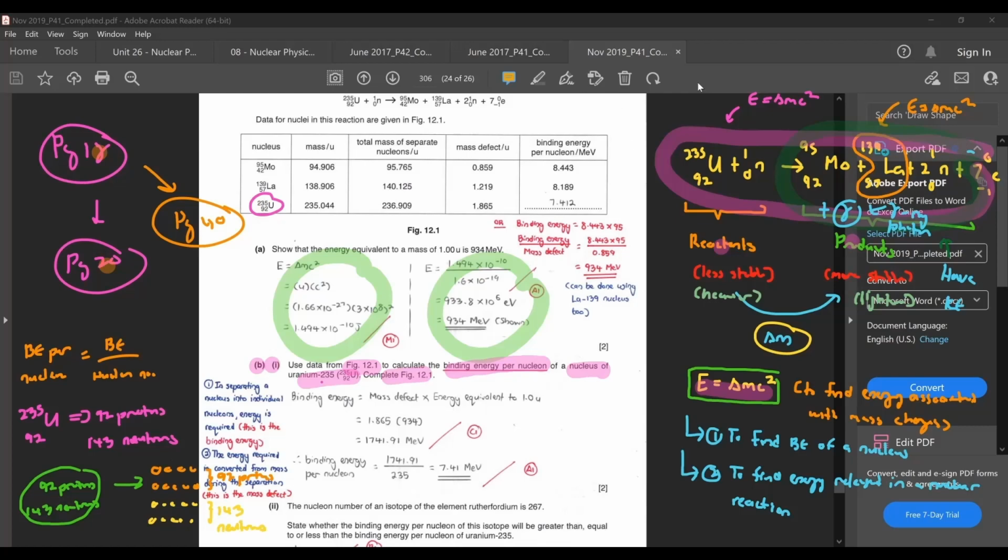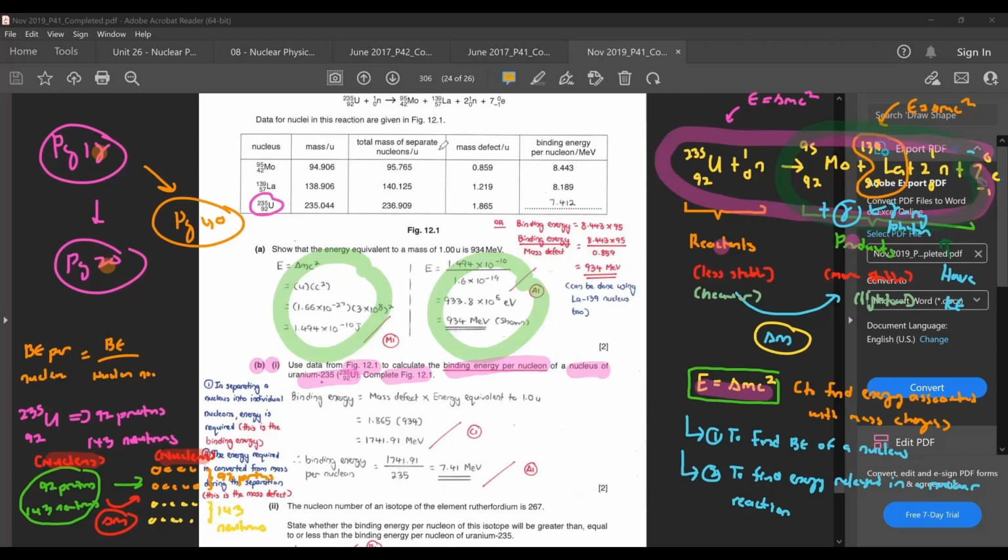So this is going from your nucleus to your nucleons. Here I mentioned to you, you would have a mass defect from nucleus to your nucleons. That energy caused by your mass defect is your binding energy. So in your case, you are really just supposed to find the mass defect between your nucleus and your nucleons.